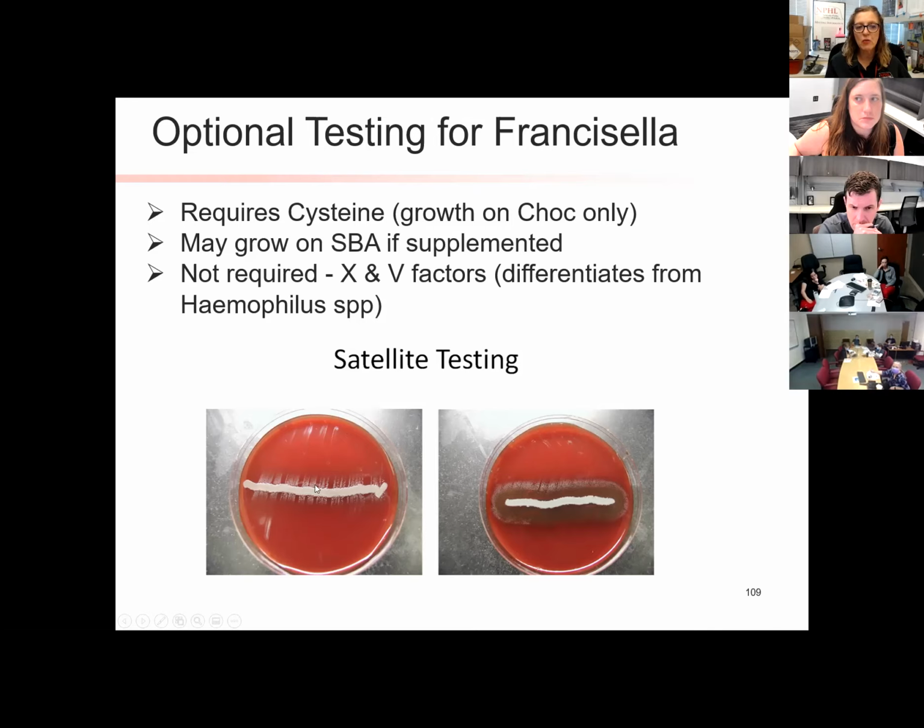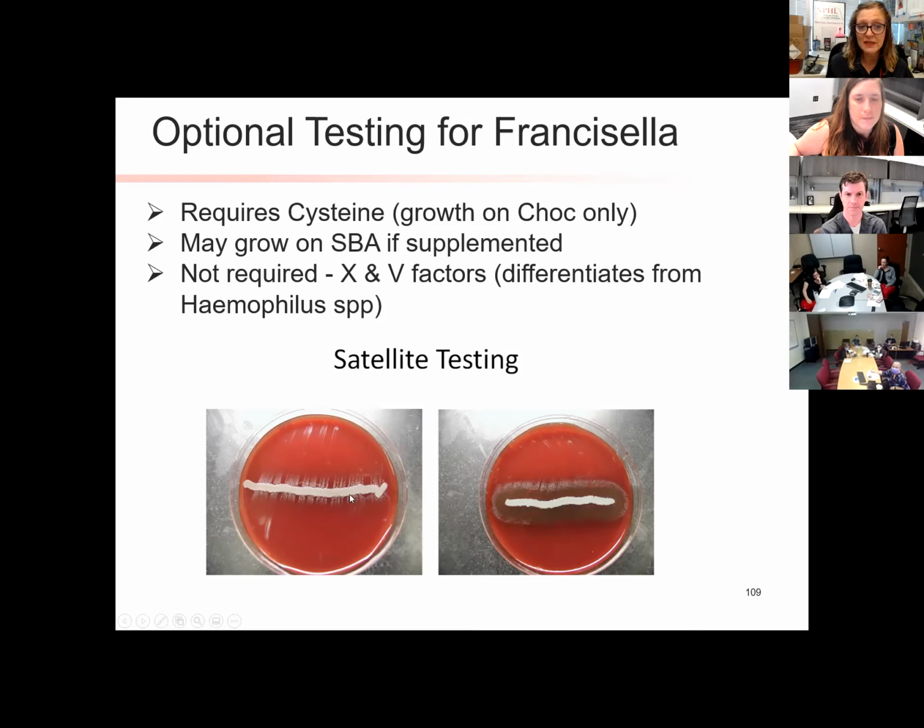That's why you get growth close to the staph, because the staph diffuses these nutrients out a little ways, but not the whole plate. Whereas this is a negative, obviously. Or excuse me, is it the other way around? This is going to be your Haemophilus if it's satelliting, and this is not Haemophilus.